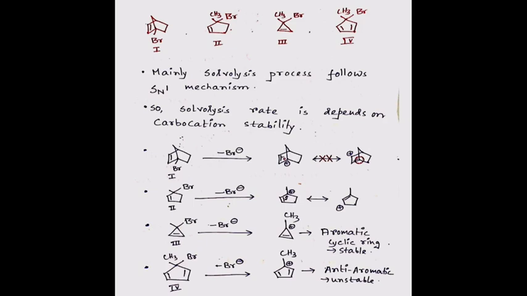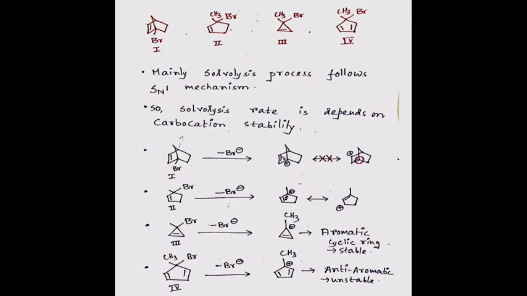But if we look into compound 3, after the departure of the leaving group, that means the bromine group, it gives a 3-member carbocation, and this 3-member carbocation is very stable due to aromaticity. According to Huckel's theory, if any system is planar and contains 4n plus 2 pi electrons, it shows aromaticity.